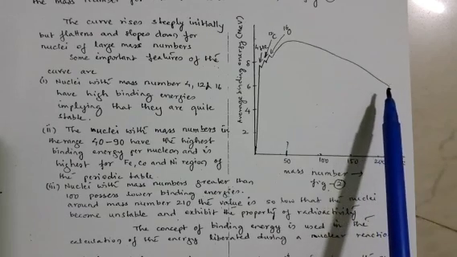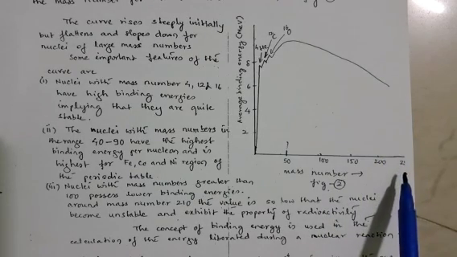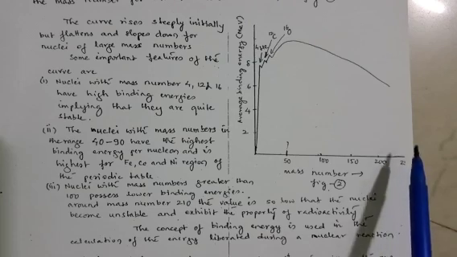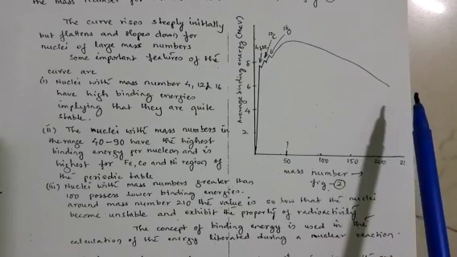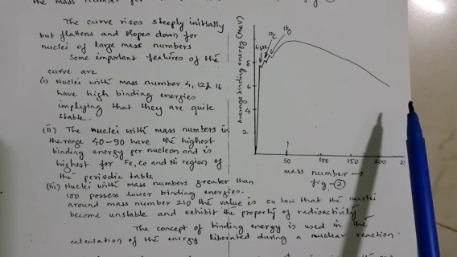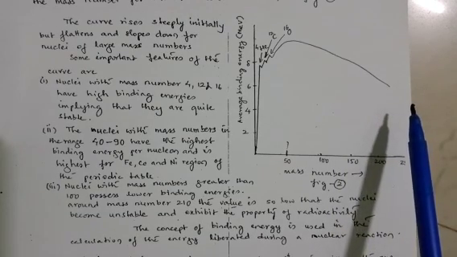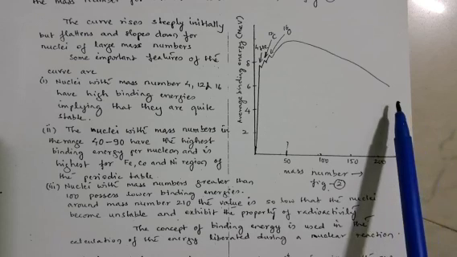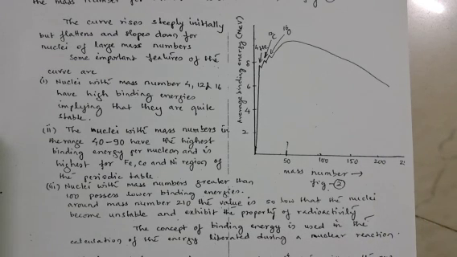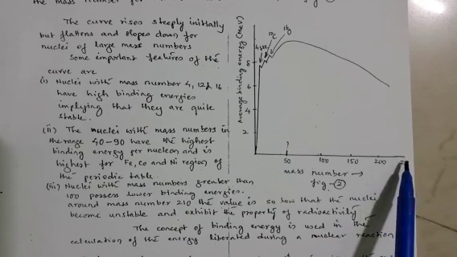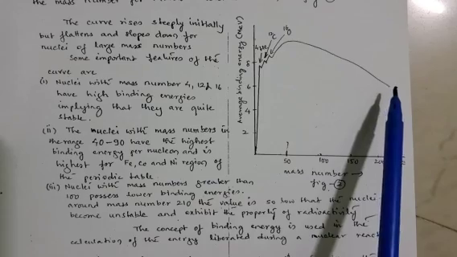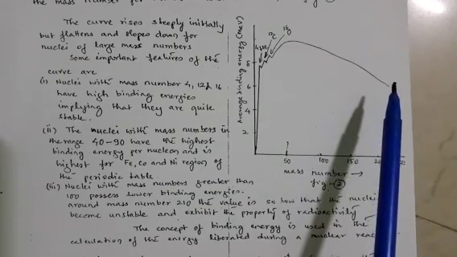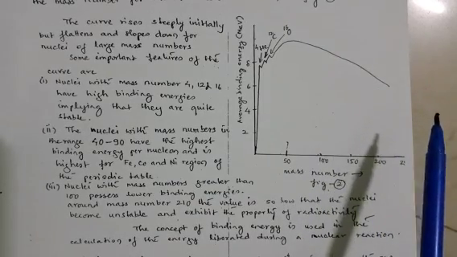Okay, if you continue this plot at 210, the average binding energy will be low, the nuclei become unstable and they will exhibit the property of radioactivity. The elements having higher mass numbers will have lower binding energy, and lower binding energy means the nucleus is unstable.